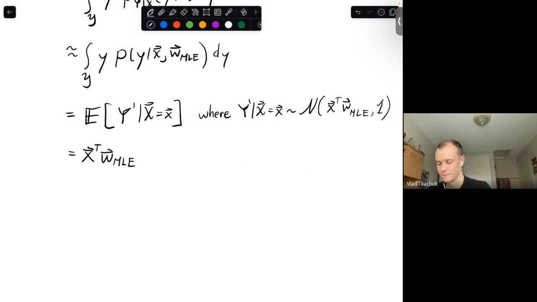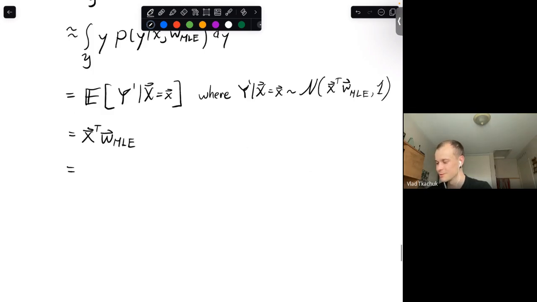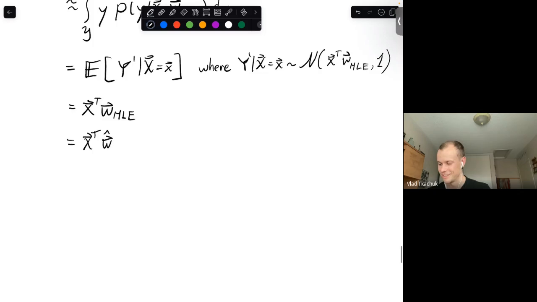But remember that this w MLE is the same thing as the x hat that we've been seeing before all the time, which is the solution to the linear regression problem with the squared loss, right? That's what this thing was. And so this would be the f hat that we end up using.